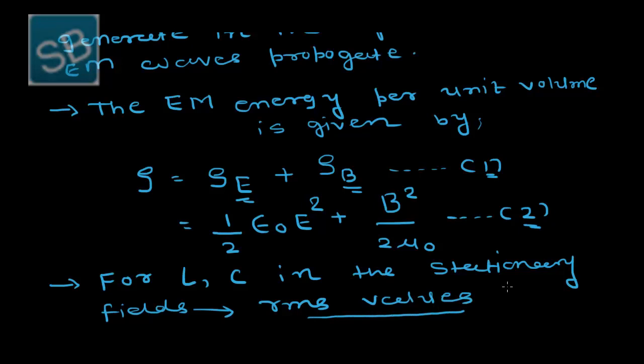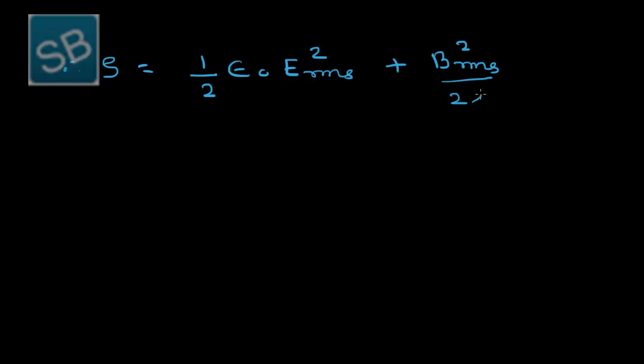Why do we use the RMS values? Because in the stationary field, if you look at the electric field and magnetic field, they are oscillating as a sine or cosine function. And so for stationary fields, I have to take a constant value. Therefore, energy density rho is equal to 1 by 2 epsilon 0 E RMS square plus B RMS square upon twice mu 0. That is equation number 3.